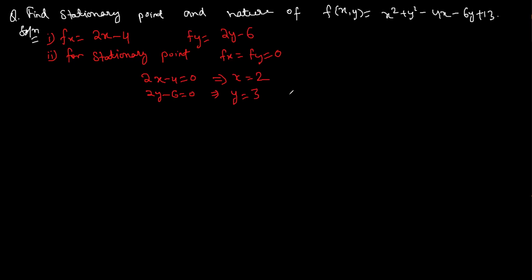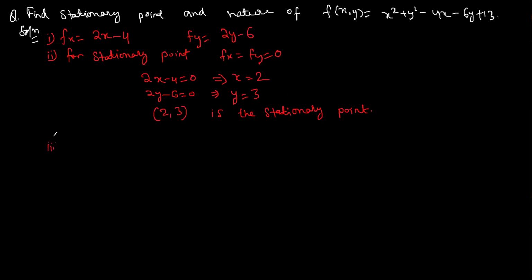So you have one stationary point, that is (2, 3). Only one stationary point is there and it always comes in a pair.